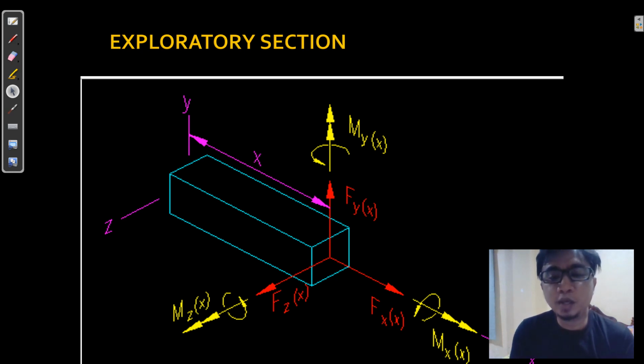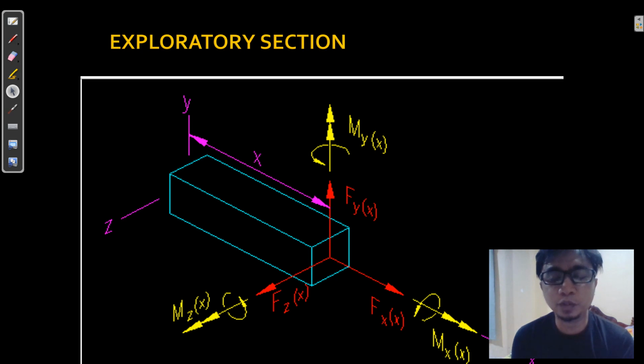So we apply different types of forces, starting with the x-axis. Remember that the x-axis is parallel to the member. When we have an applied force along that axis, either the body will stretch or the body will compress or shorten, right? So a force applied on the x-axis means an axial force.